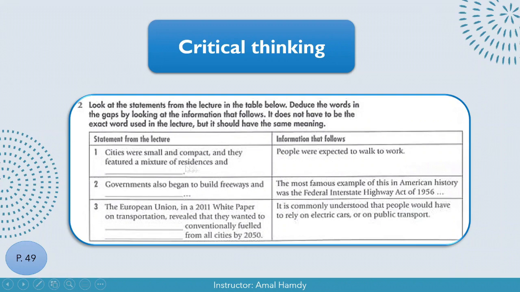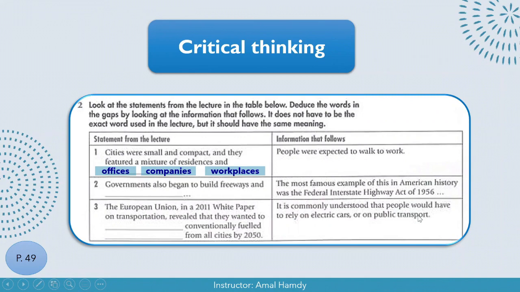Here he is talking about residences and some other place. What could it be? The information that follows is that people were expected to walk to work. So the missing word should be about work. So it could be offices, companies, or workplaces.